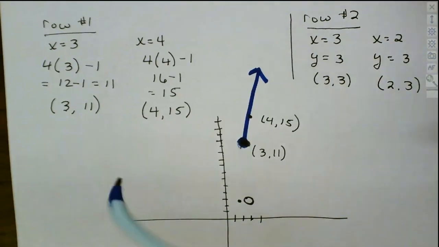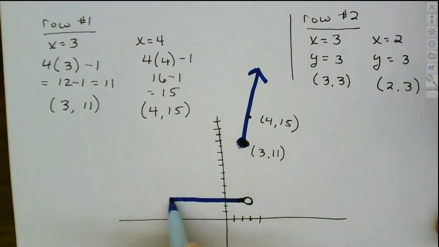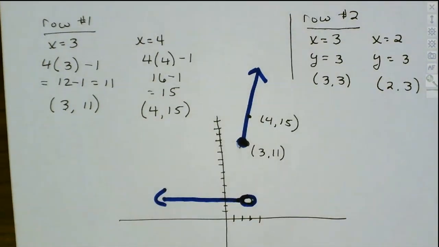Connecting them together, that makes your graph. It's done in pieces, but it's 2 lines put together. So it's just done in pieces, and this is going to be very, very similar to question 14.